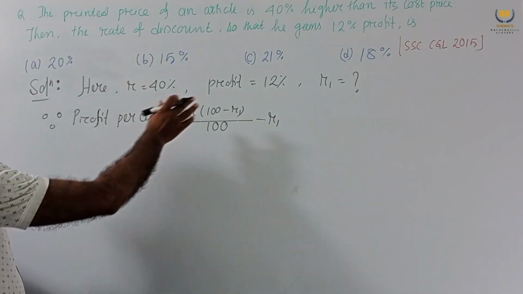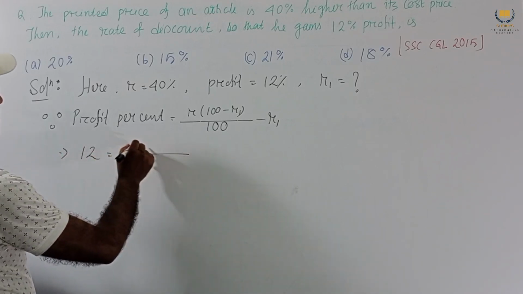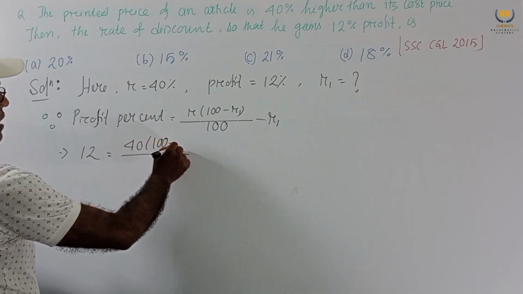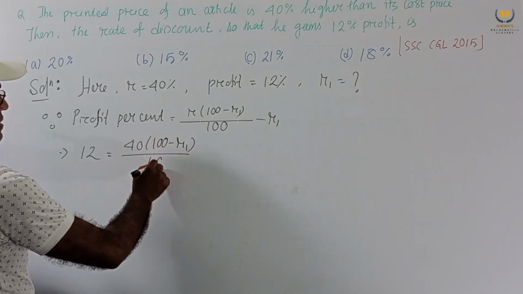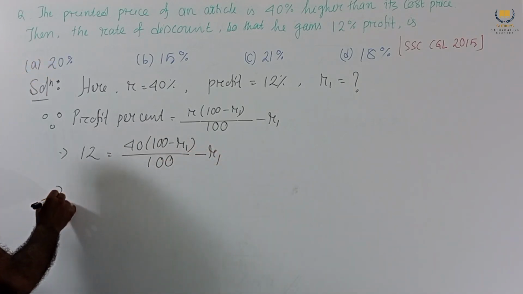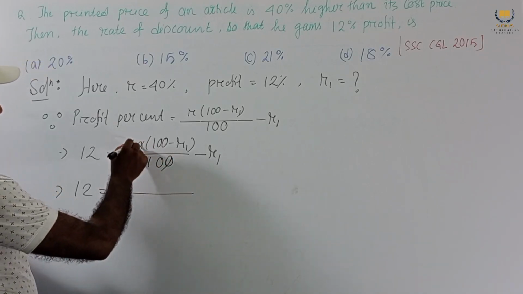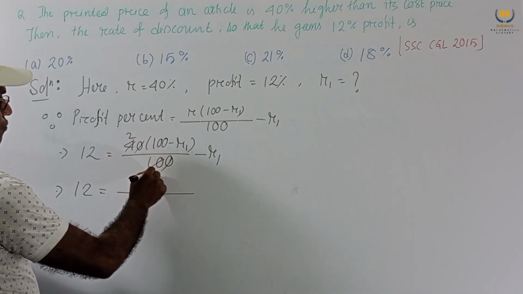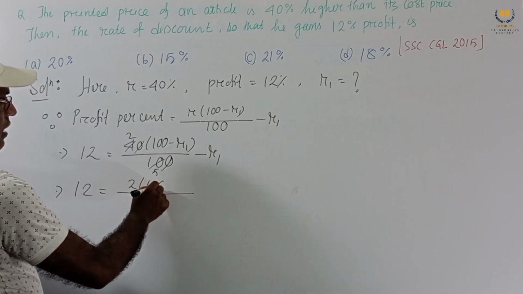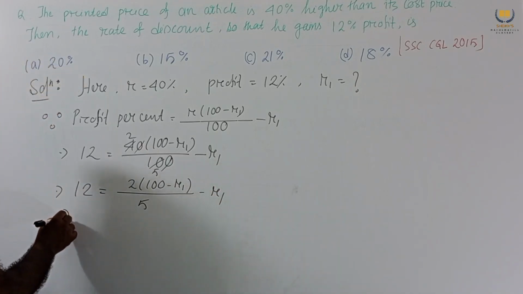Now profit percent given is 12, R is 40, and 100 minus R1 is not given. This is 12, this cancels, 2 to 5, this is 5, 2 into (100 minus R1) by (100 minus R1).